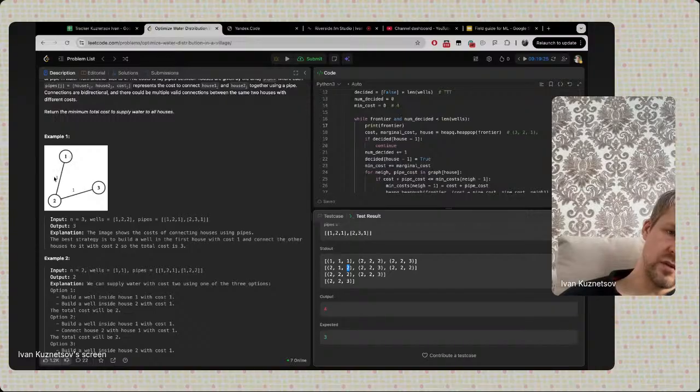Because if it's 1, 1, 2, so in total it will be 4. But building this 1 plus 1 plus 2 is cheaper than building 1 plus 1 plus 3, even though this thing will be more expensive.